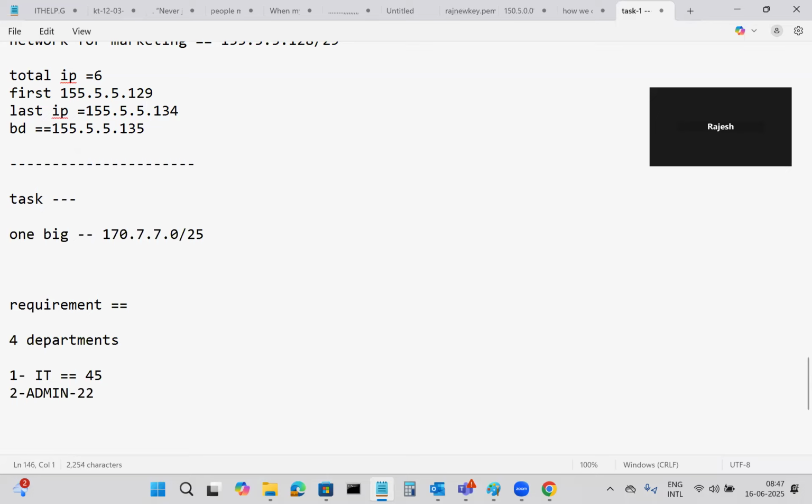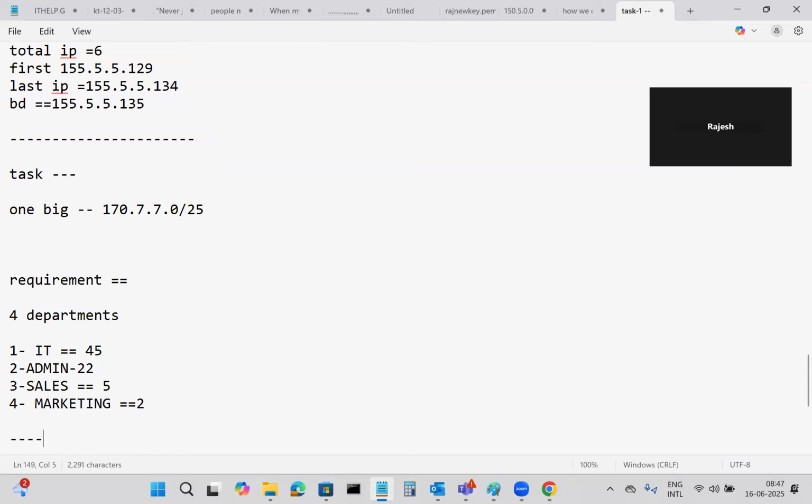Then a third department, the sales department, which has a requirement of 5. And the last one is marketing, which has a requirement of 2 IPs.